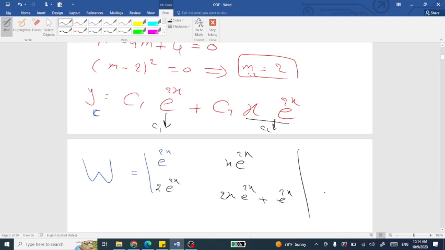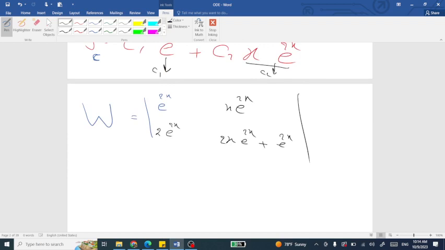Now we are going to find it. How we find the determinant? Have you seen that one before? This absolute value? Okay, let me give you the clue. For example, if I have W and I have A, B, C, D, that absolute value is called the determinant. We multiply the main diagonal: it is equal to AD minus the second diagonal BC.